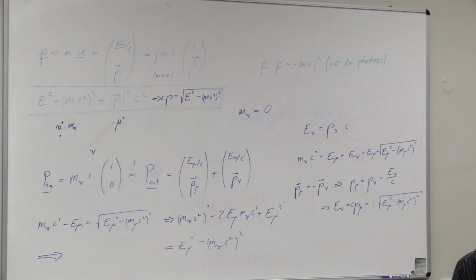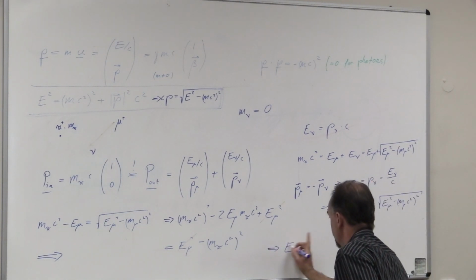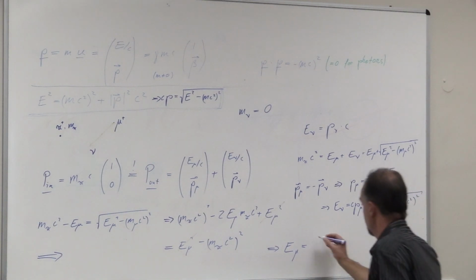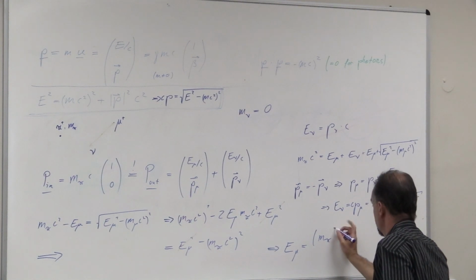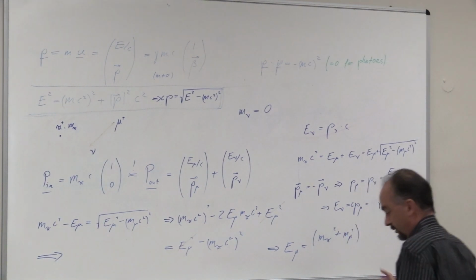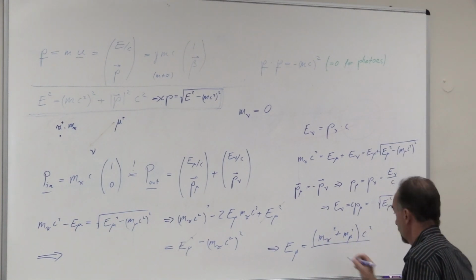We solve that. It tells you that the energy of the muon is m pi squared plus m mu squared c squared over 2 m pi.